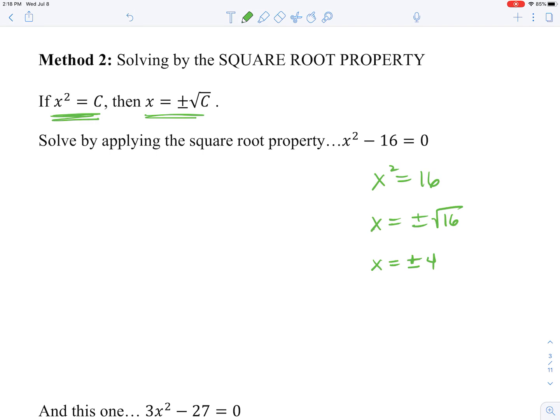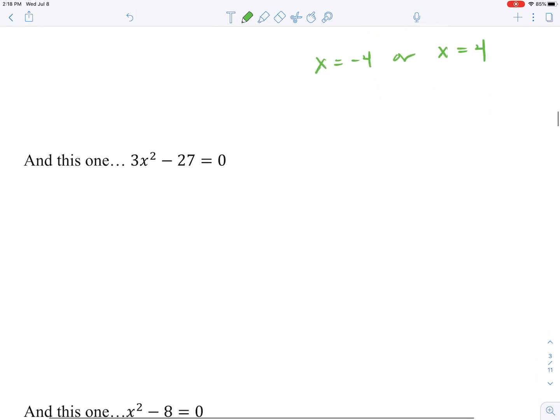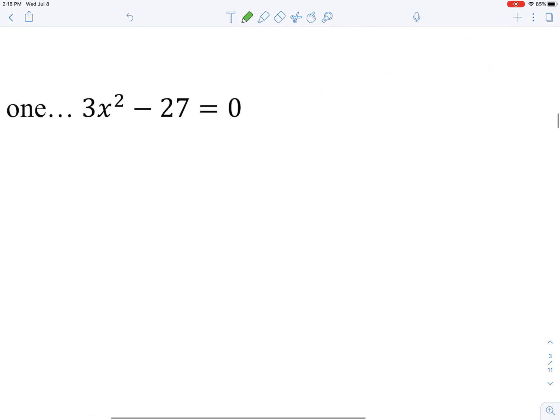And then x would be equal to plus or minus the square root of 16, which you know is plus or minus 4. And that plus or minus represents two different values, right? So that's x is equal to negative 4 or x is equal to positive 4. So 4 and negative 4 are the solutions to that equation.